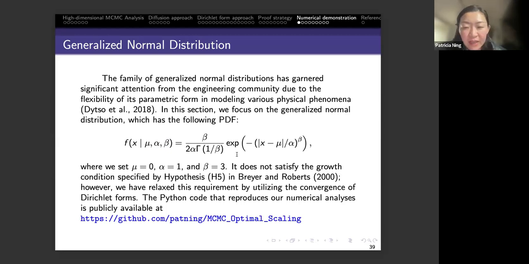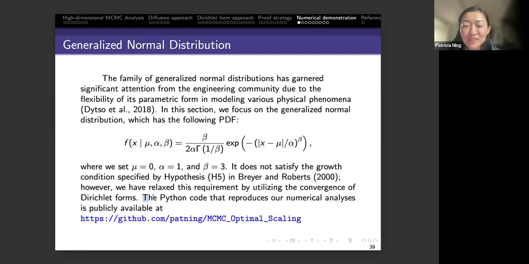This PDF does not satisfy the growth conditions specified in hypothesis H5 in Breyer and Roberts. However, we have relaxed this requirement by utilizing the convergence of Dirichlet forms. The Python code that reproduces our numerical result is publicly available on GitHub.